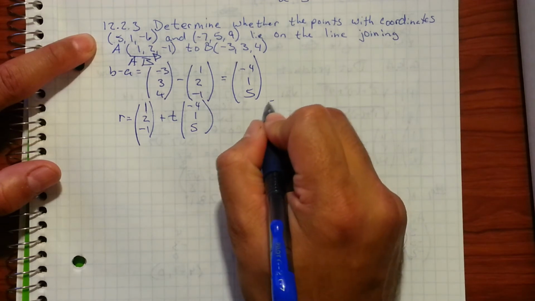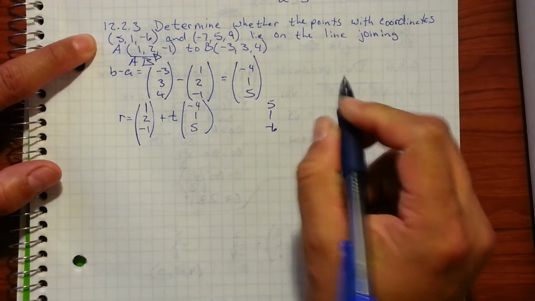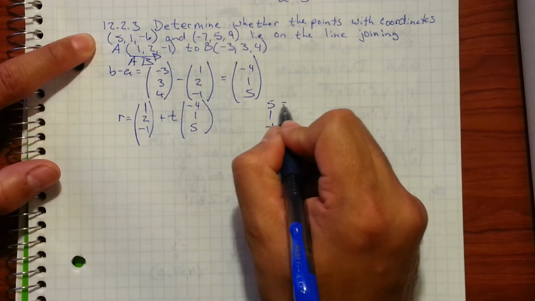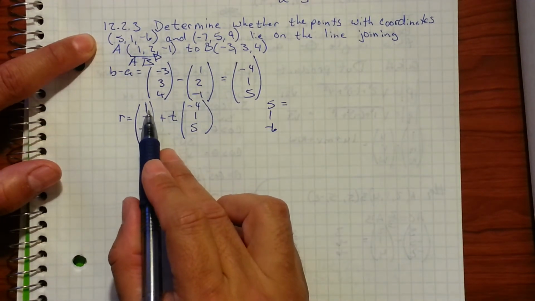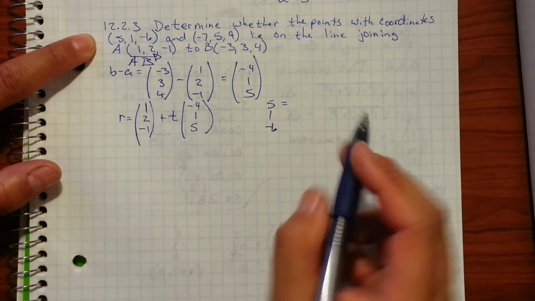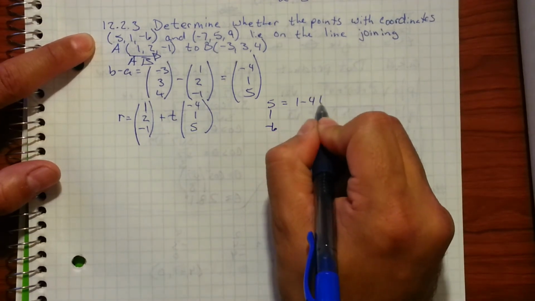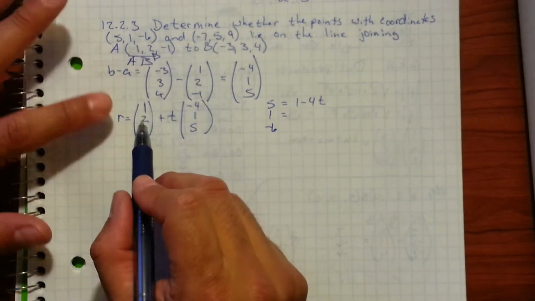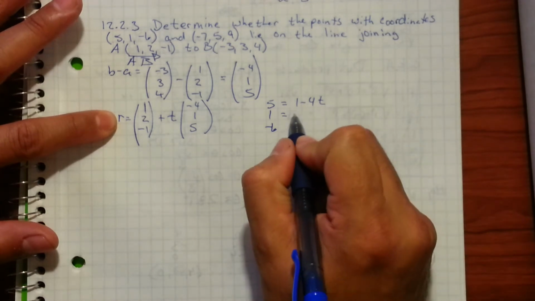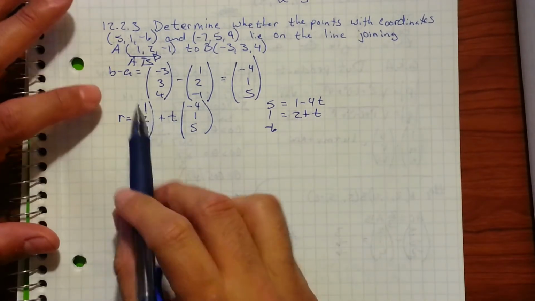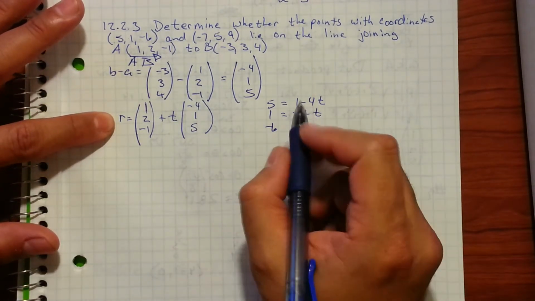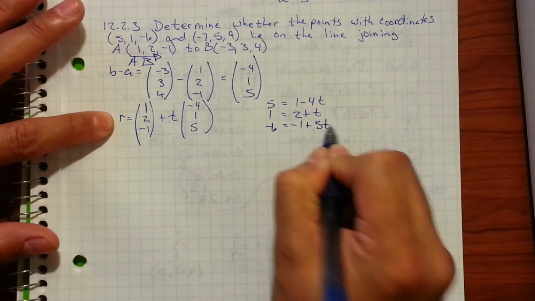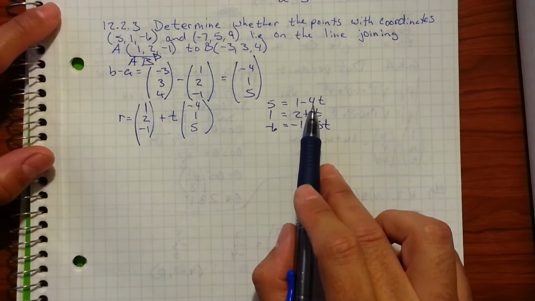So I'm going to have (5, 1, -6) equal to 1 minus 4t, then 1 is equal to 2 plus t, and my last one, -6, is equal to -1 plus 5t. Let's solve for t.